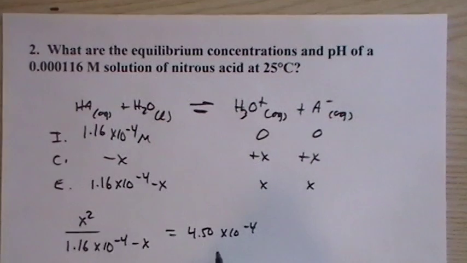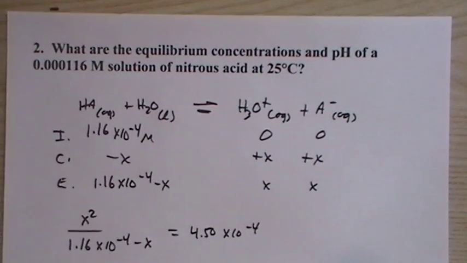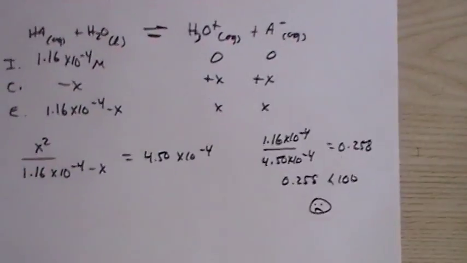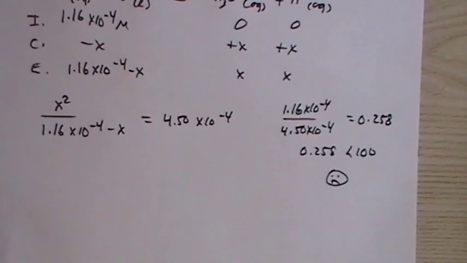Ka for nitrous acid is 4.5 times 10 to the minus 4. The approximation is 1.16 times 10 to the minus 4 over 4.5 times 10 to the minus 4 is 0.258. 0.258 is less than 100, so approximation doesn't hold again. So we have to work it out.